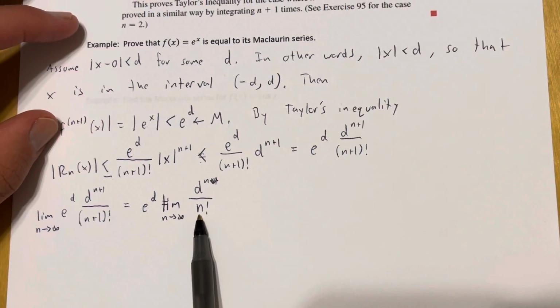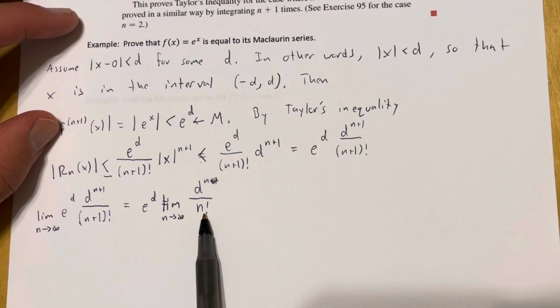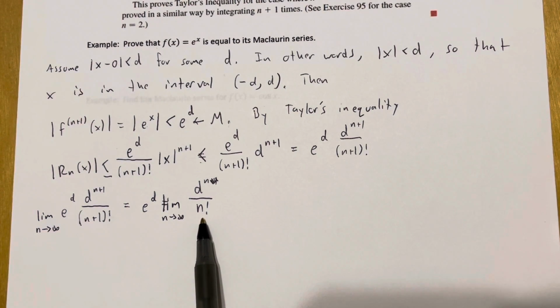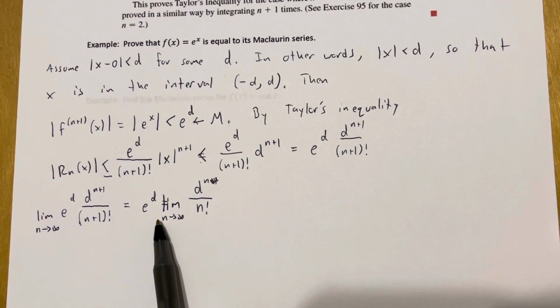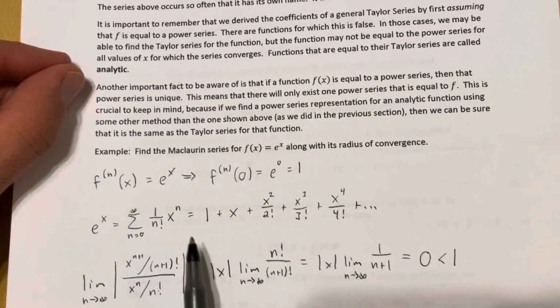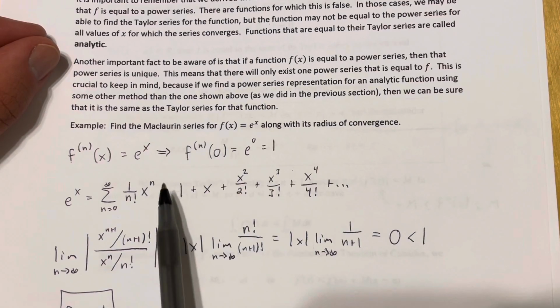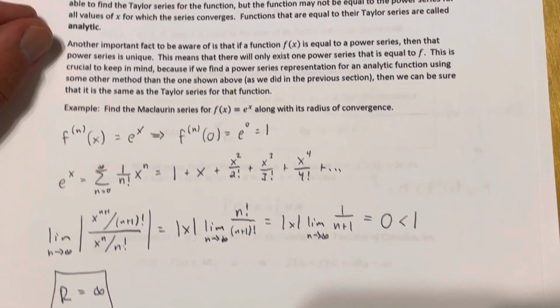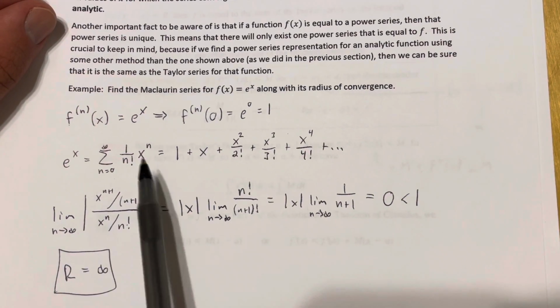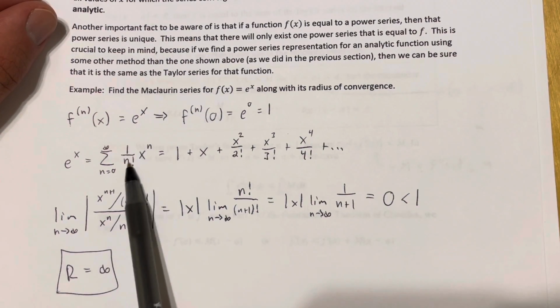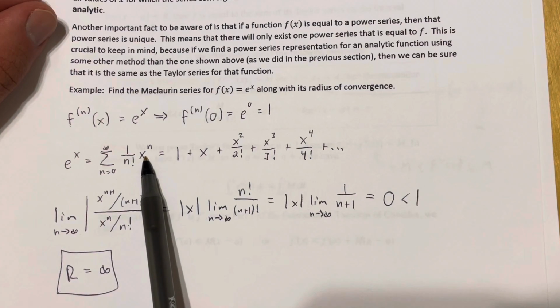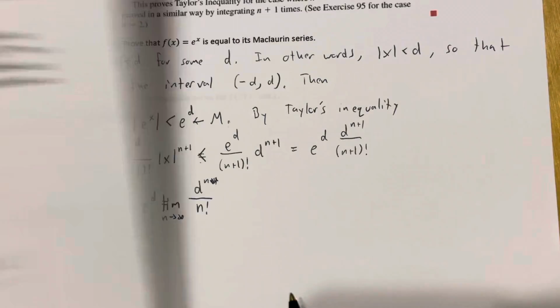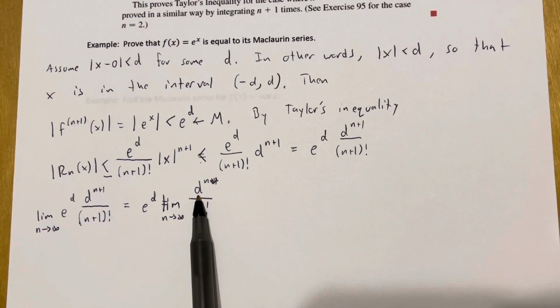Does this go to 0? Well, this actually looks kind of familiar, because if you recall, we found the Maclaurin series for e to the x already. We found it right over here. And if you notice, its terms have the form x to the n over n factorial. We also know that the radius of convergence of this power series is infinity, which means this thing converges for every value of x that I can plug in here, including d, whatever d happens to be.